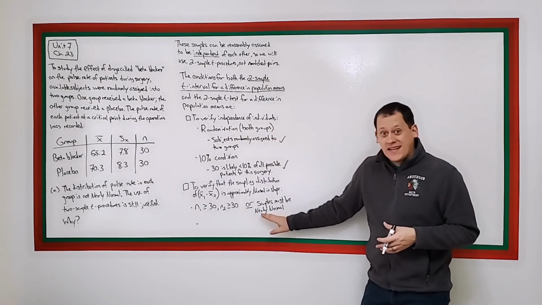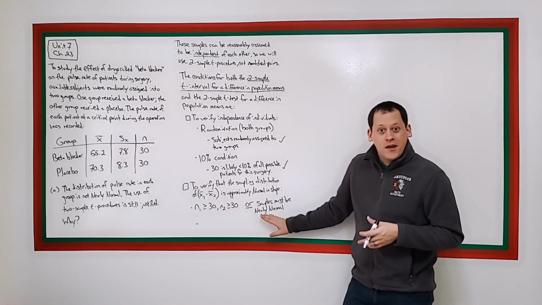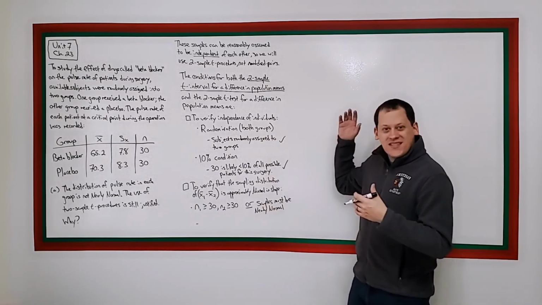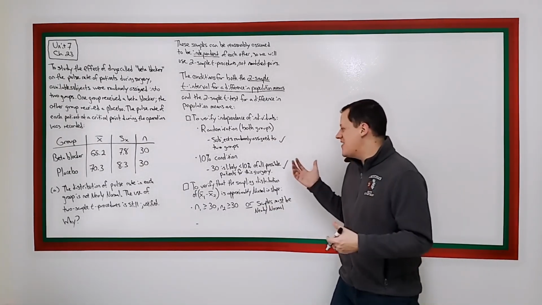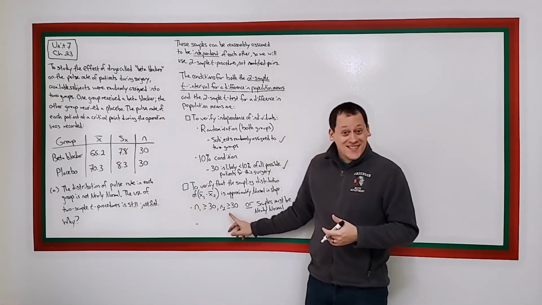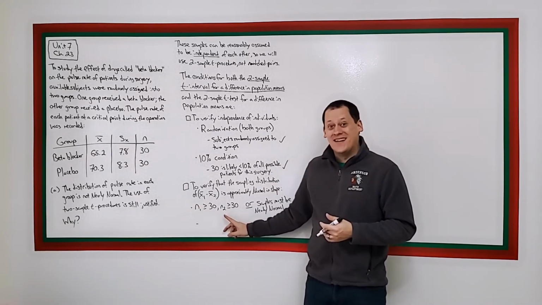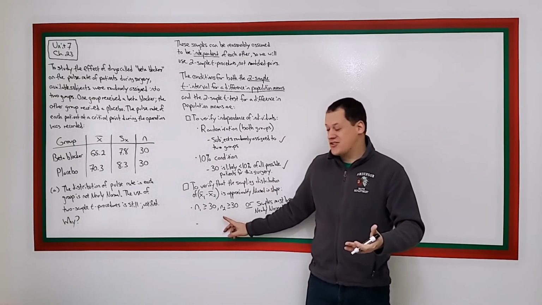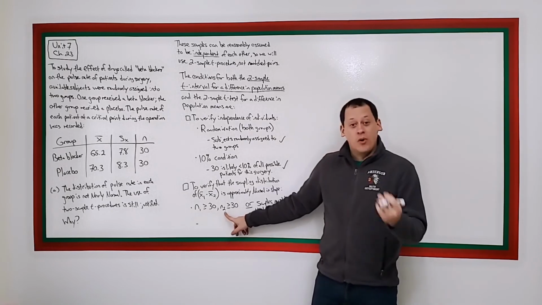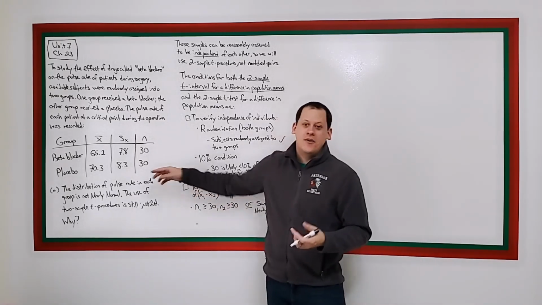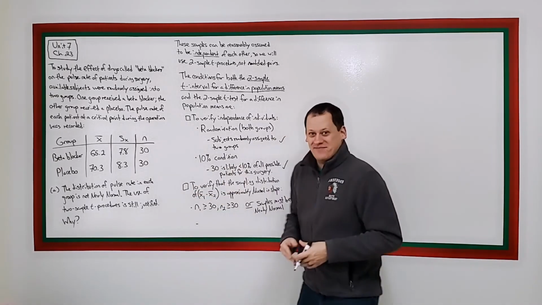So this part of the condition is not met. But we can still use the procedure because, for once, we've finally met the large enough sample part of the condition. The sample sizes both have to be at least 30, and we just barely made it.